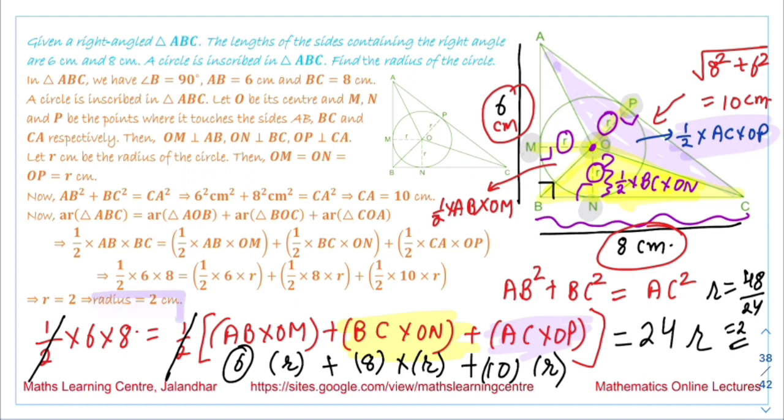So the answer we get is that the radius of this circle is 2 centimeters.